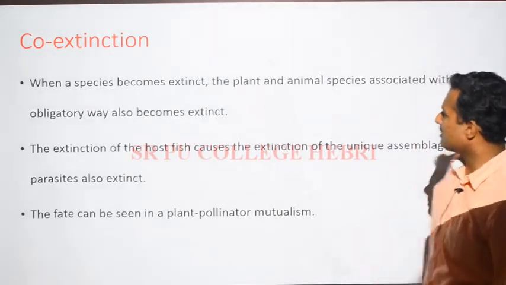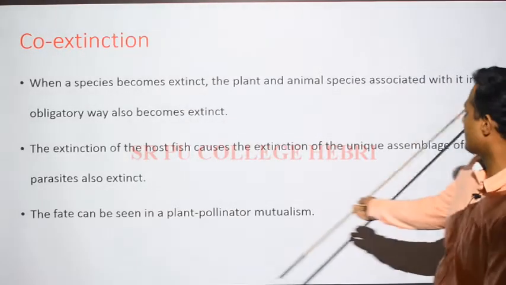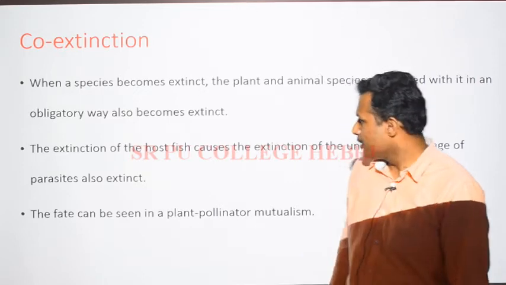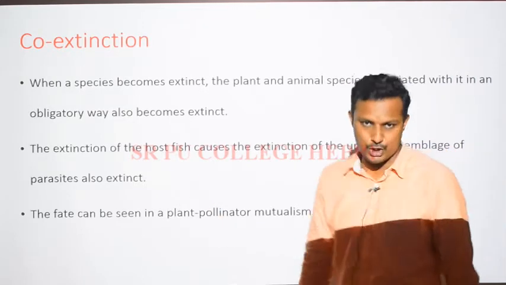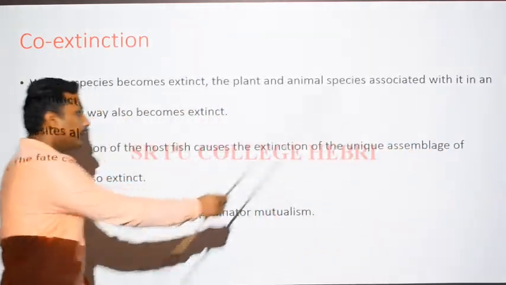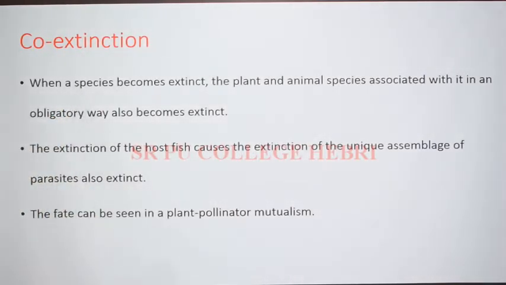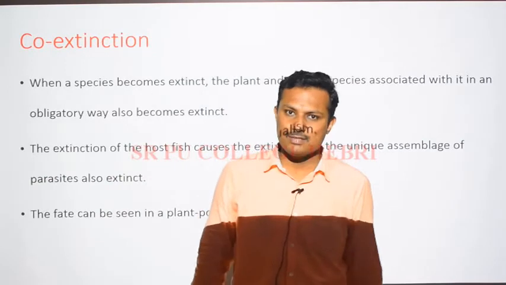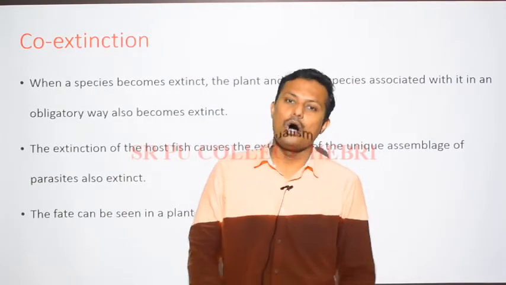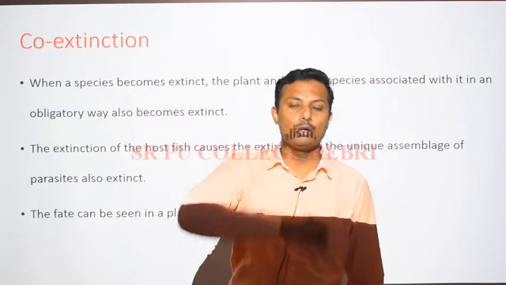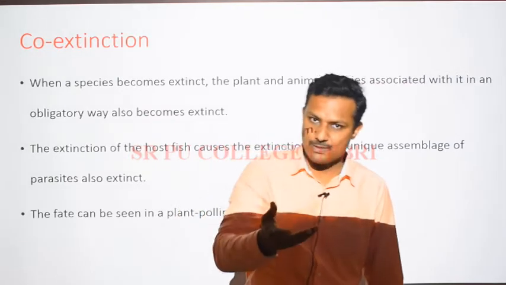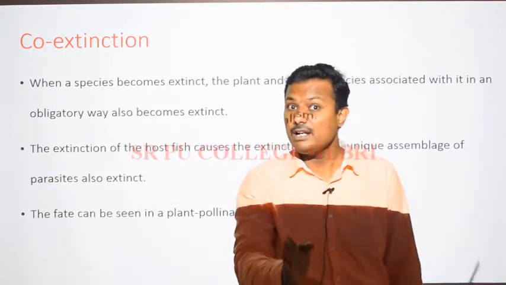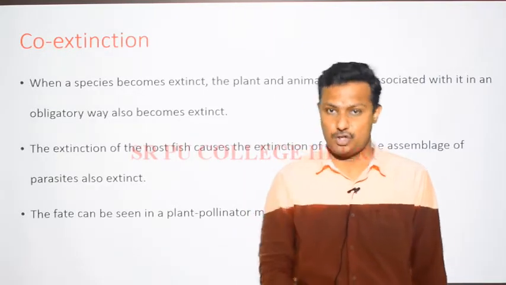When a species becomes extinct, the plant and animal species associated with it in an obligatory way will also become extinct. So the extinction of the host fish causes the extinction of the unique assemblage of parasites also. Parasites may be microorganisms, small insects, small immotile organisms, maybe mollusks or sponges. They also become extinct because they are particularly dependent upon that particular species of fish.